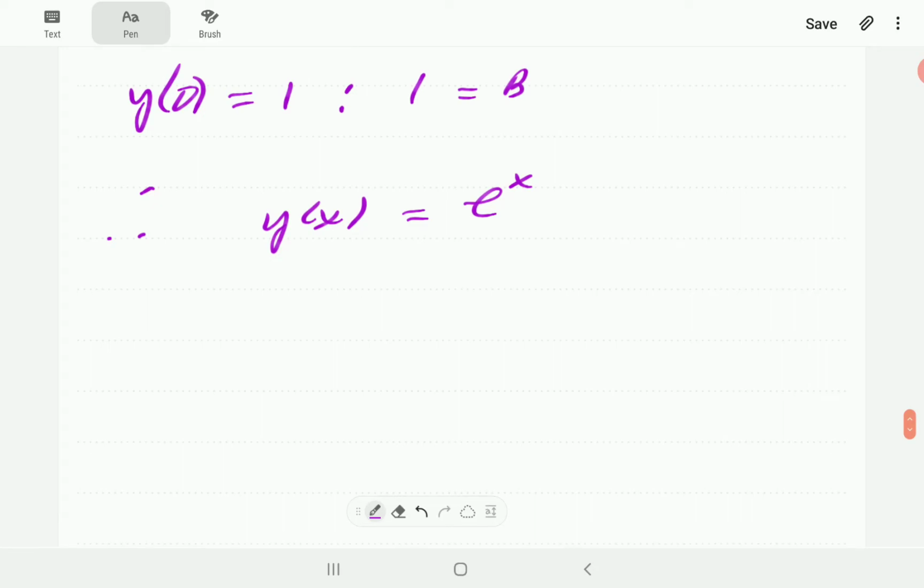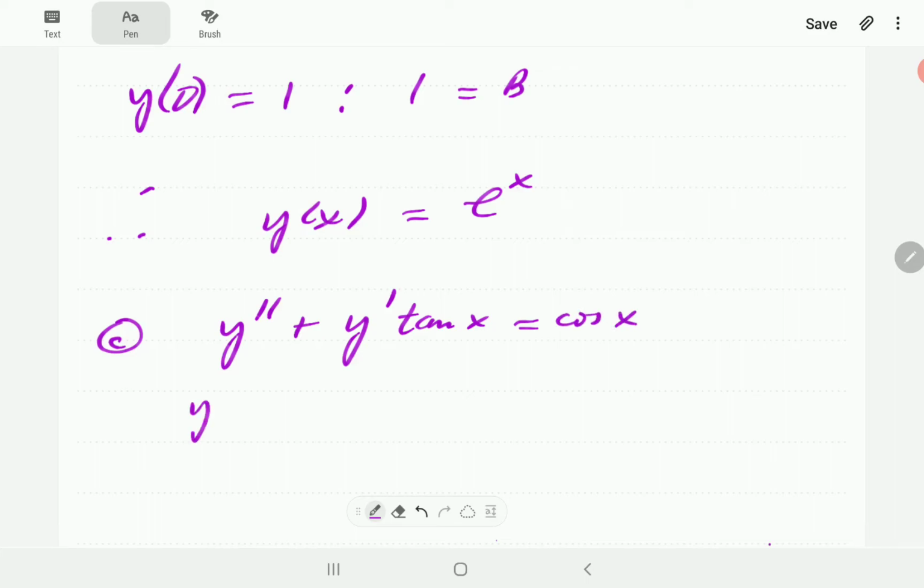Right, okay, so now let's go to example number C. Example number C, we've got y double prime plus y prime tangent x is equal to cosine x. The boundary conditions: when x is pi on 2, y is 1.